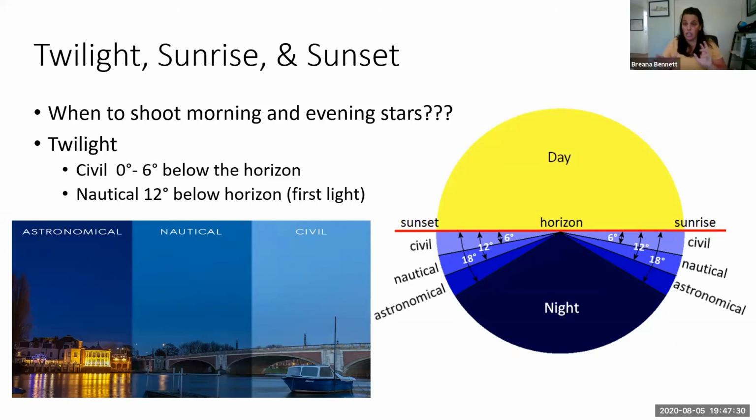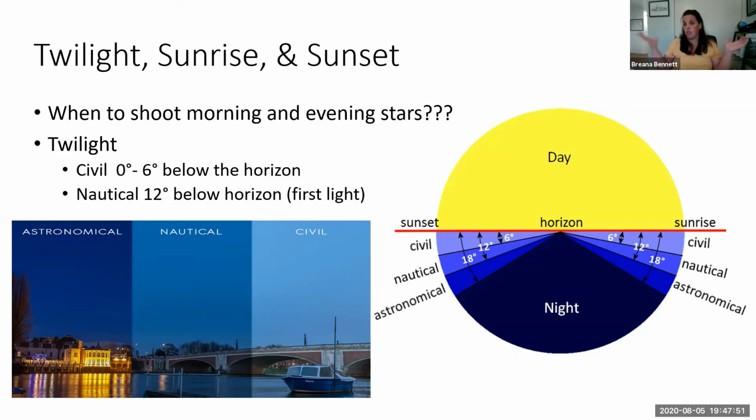This also works when you're planning out which stars you're going to shoot and which stars you're going to shoot first. In the morning, you're going to see the stars everywhere, and you're going to see the horizon first in the east, because the sun is rising in the east.